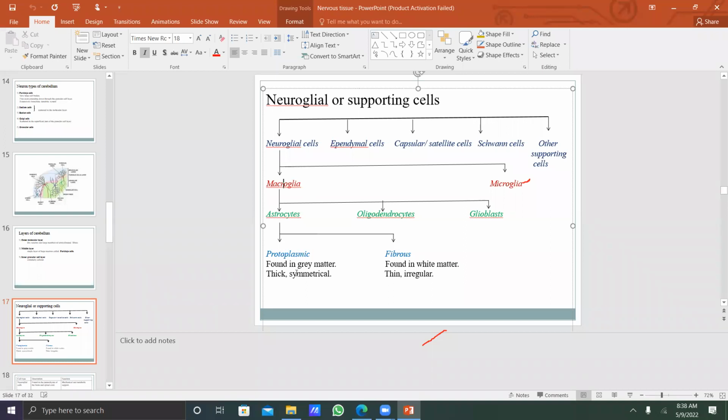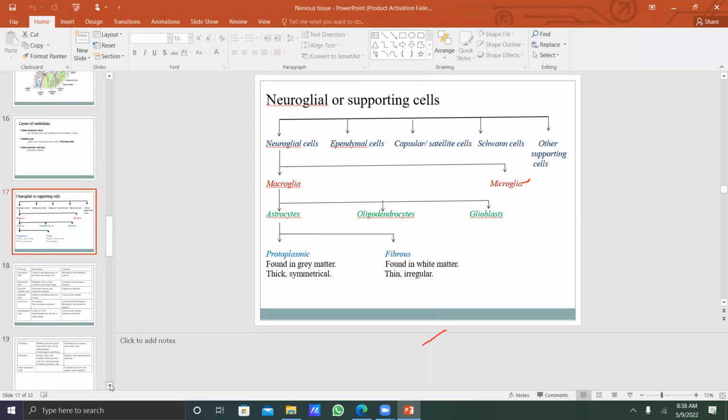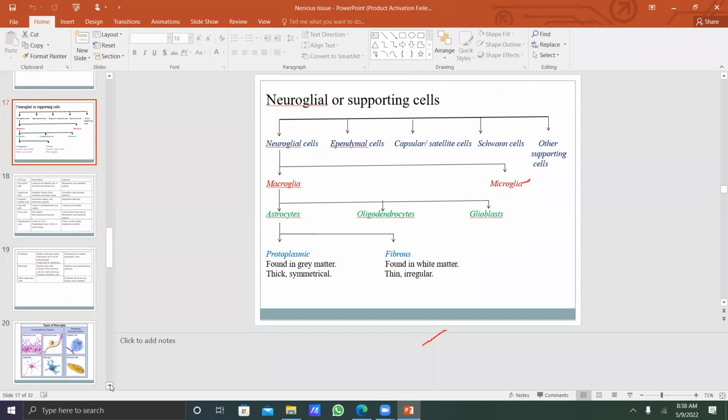These protoplasmic astrocytes are found in the gray matter and they are thick and symmetrical. Fibrous astrocytes are found in the white matter. They are thin and irregular. Now, let's see what are the important features and the functions of these various neuroglial cells.